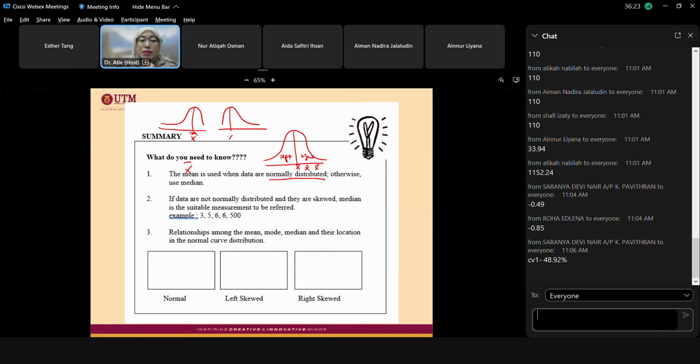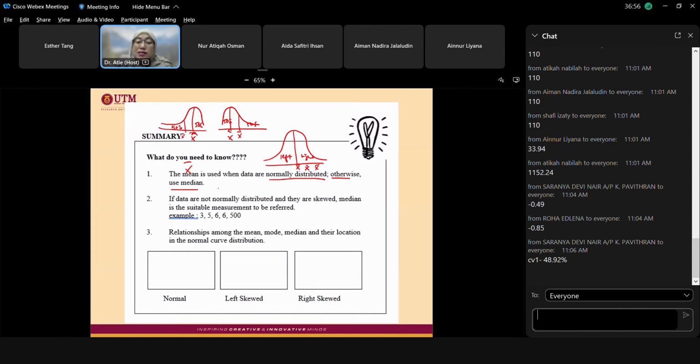The median will always be at the center, and it will always divide the data 50% to the left and 50% to the right. That's the reason it says here, otherwise use the median as your reference. If data are not normally distributed and are skewed, the median is more suitable.